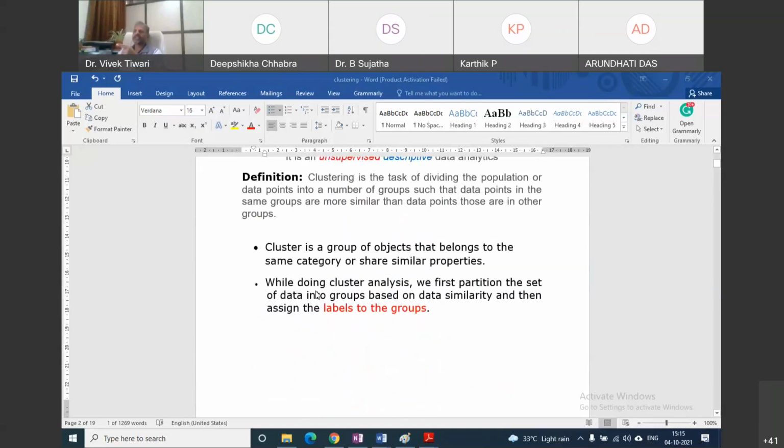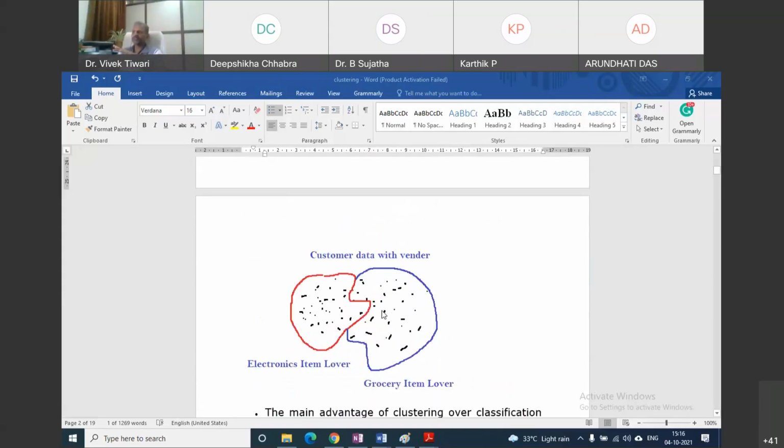While doing cluster analysis, we first partition the data set into groups based on similarity and then assign a label to each group. I think that is clear to everybody. Once the cluster has been created, there is no label, no name. But data scientists look at the properties of the data points that are part of the cluster, what kind of attributes they have.